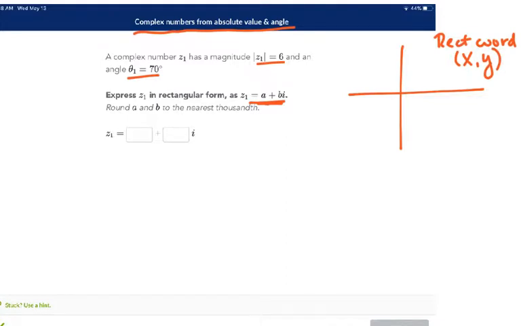So the point right here would be the point 2, 3, written in rectangular coordinates like that.